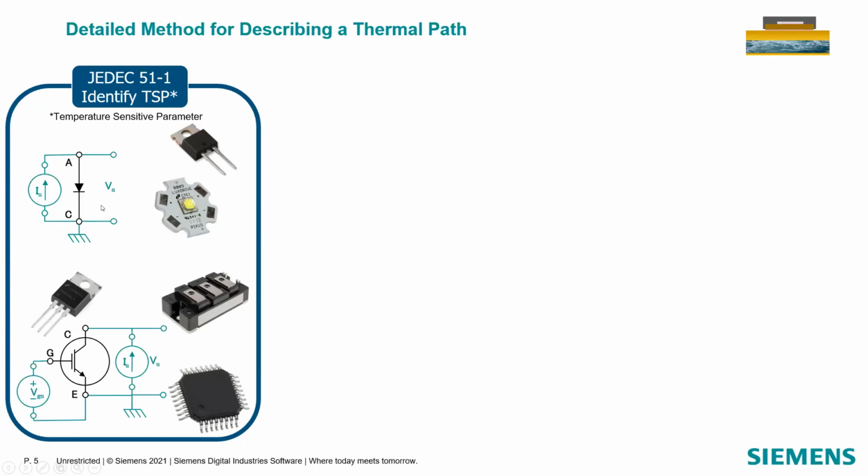There is a simple diode where the forward voltage at a steady current acts as a temperature sensitive voltage value. But the same is true for the gate emitter voltage of a bipolar junction transistor. And of course, we have different ways of measuring IGBTs, MOSFETs, and even complex digital ICs like the one you see here.